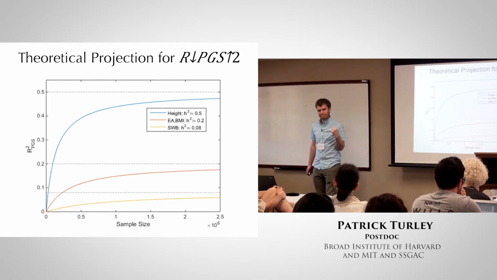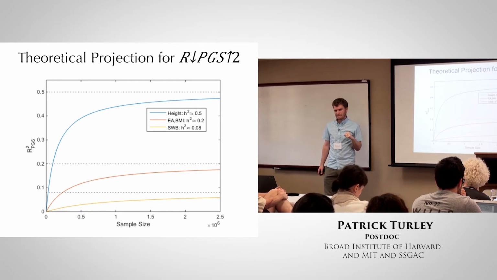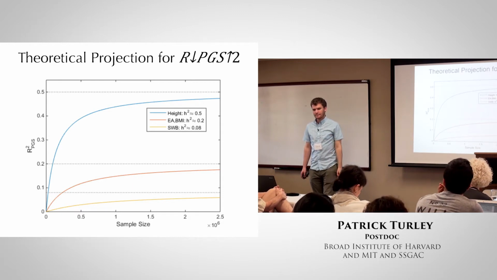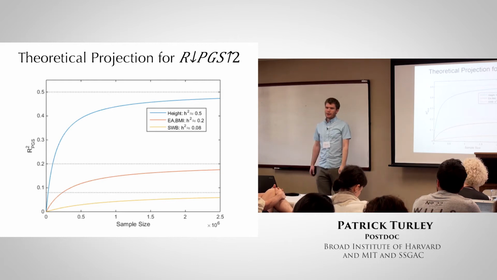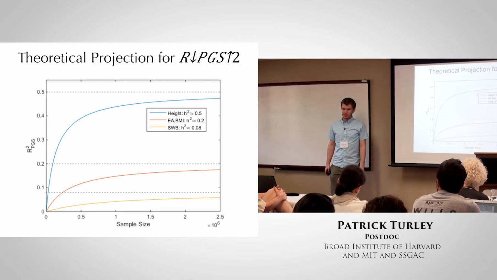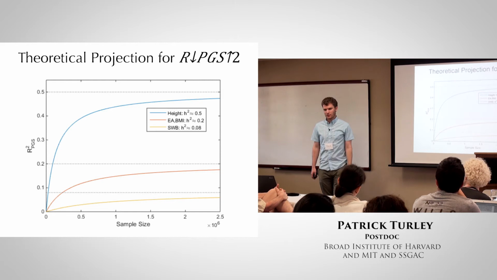So Patrick, how important is it that in the original GWAS, where you're getting the beta hats, people are controlling for the same things across samples? It depends on the things that you're talking about controlling for, right?